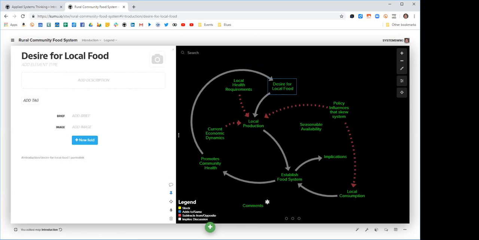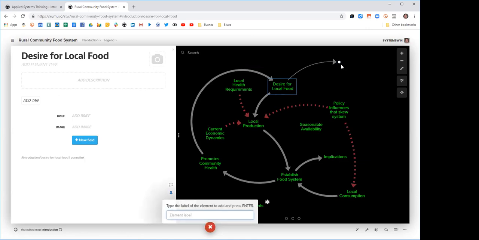I would say, leading into the desire for local food element, I agree that public awareness of the benefits is an important driver of that. And I also agree with what was just said. I don't know who was speaking. Was that Larry? No, it's Steve. Oh, Steve. Okay, thanks.